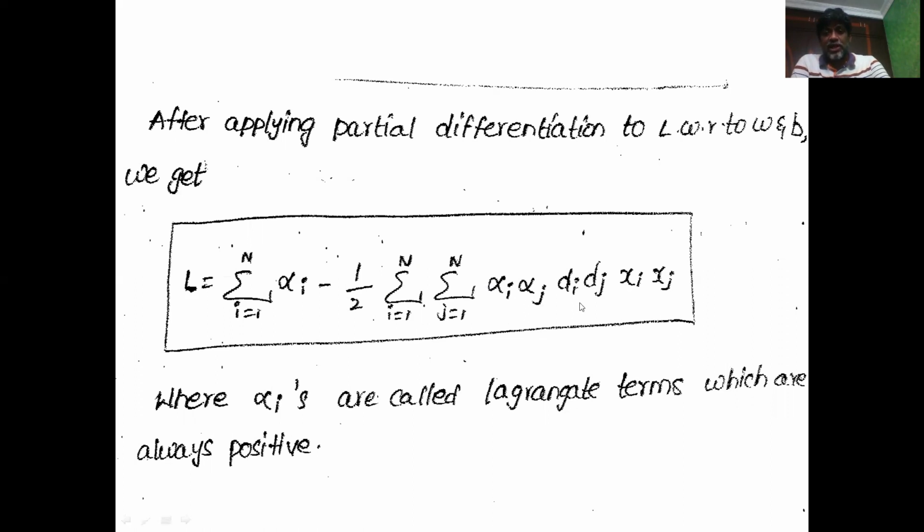The alpha i's are called Lagrange's terms, which are always going to be positive terms.